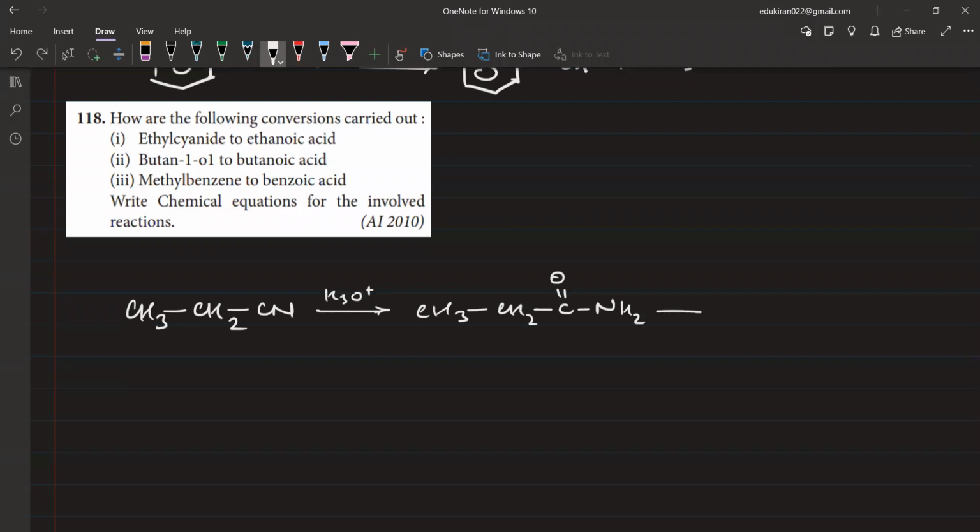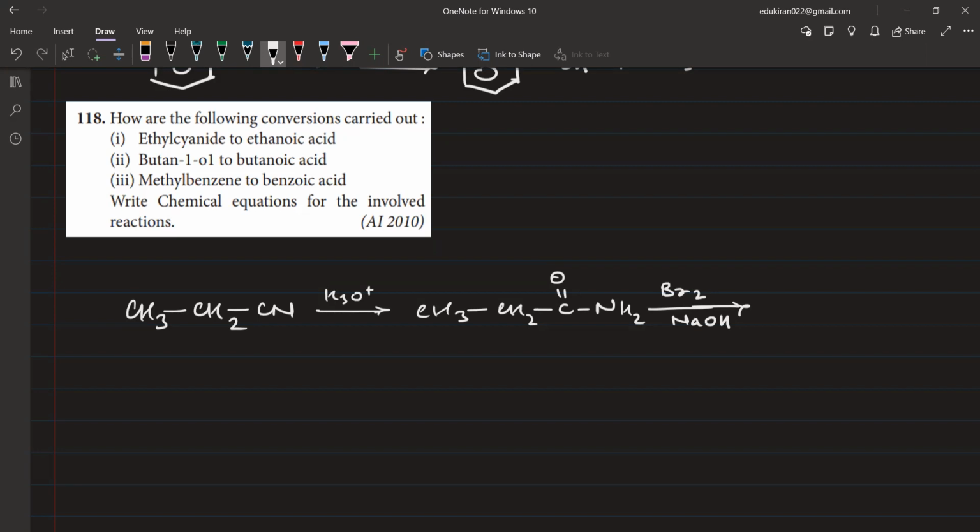Now there is a reaction in which you remove one carbon atom, and in that we add Br2 in the presence of NaOH. इस reaction को देख लीजिए, if you have amide, amide से एक कार्बन कम हो जाएगा.